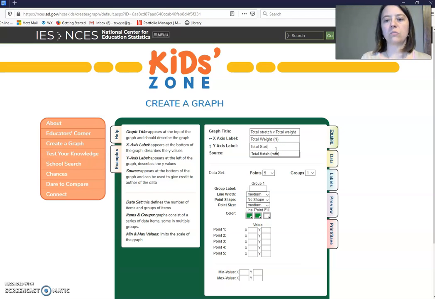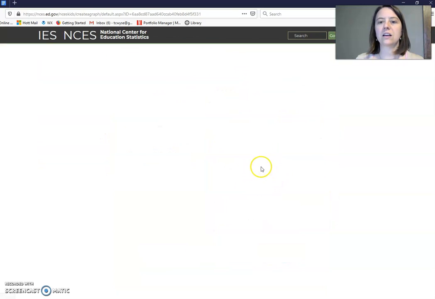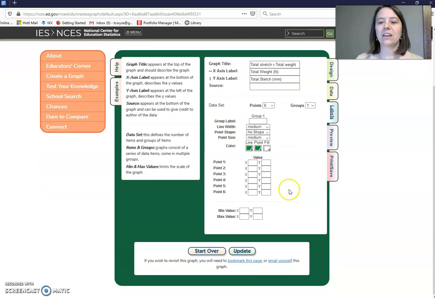Now let's make it both capital. Stretch, and we're measuring it in millimeters. And we're going to have 6 points, and it's going to think a little bit, and then I'll want to enter my x, starting with 0, 0, x and y, all the way up to 5 and 52 millimeters.